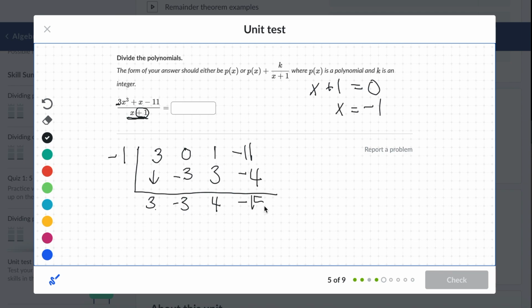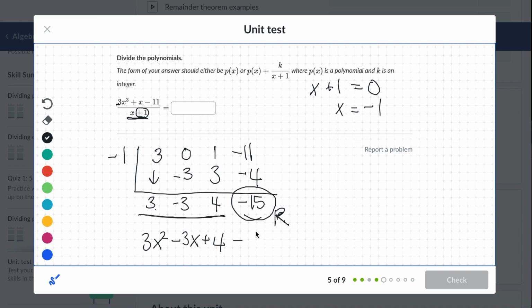And then add. In synthetic division, this last number is your remainder. And this represents the coefficients of your answer. So this is the coefficient without an x, and then it just keeps going up by 1 degree each time. So this is negative 3x, and this is going to be 3x squared.